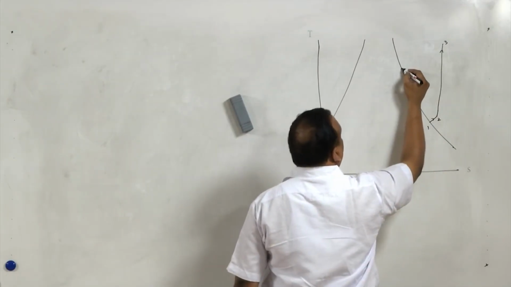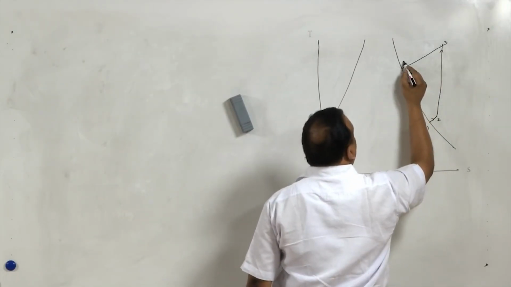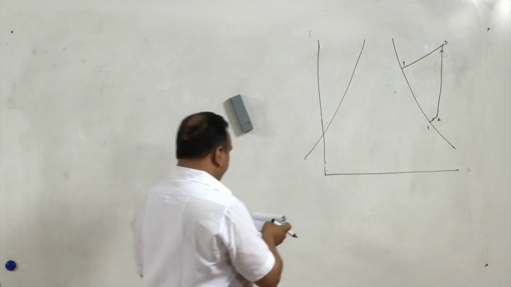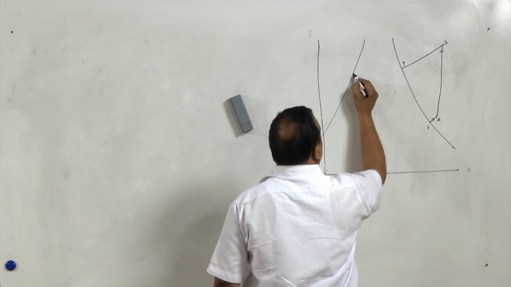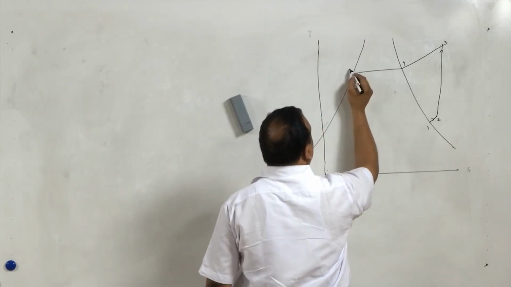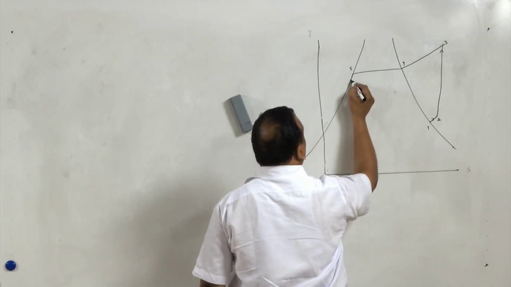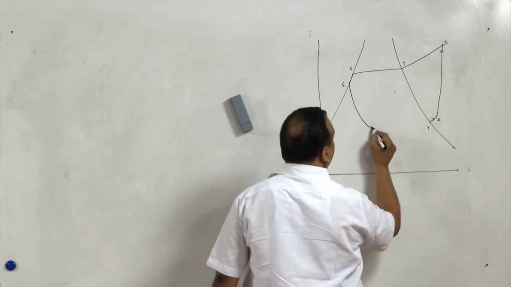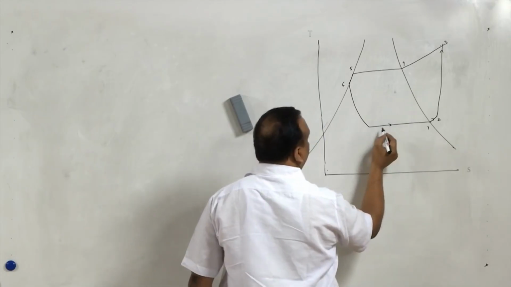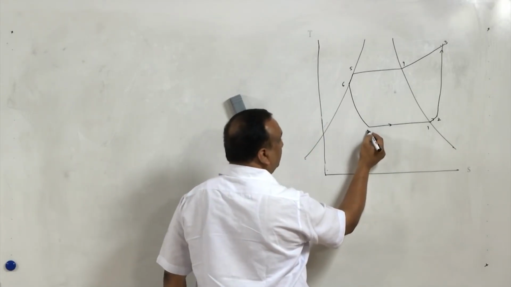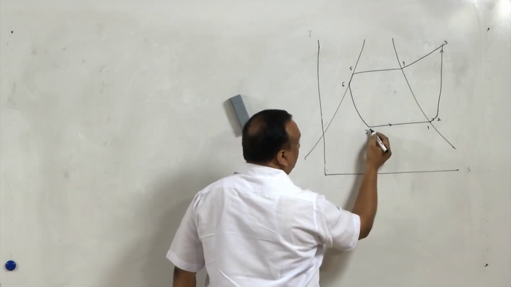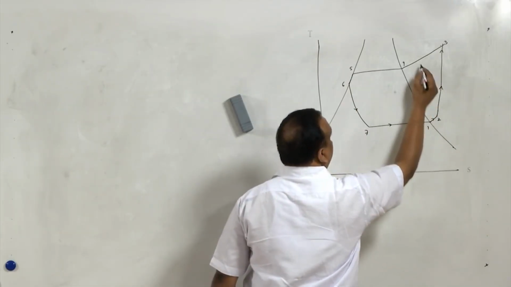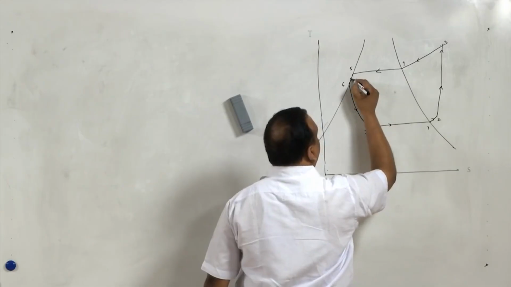From state 3 to state 4, desuperheating of the vapor takes place. 4 to 5, condensation of vapor in a condenser, and then subcooling 5 to 6, and 6 to 7 is expansion in the expansion valve, and then boiling of refrigerant in the evaporator from state 7 to state 2 to produce the refrigerating effect. This is the entire cycle.